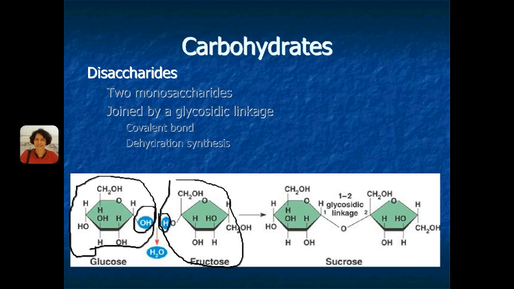Those two in blue are going to react together, and they're going to be extracted from each of those molecules and form a water molecule. This is one of the reasons it's called dehydration synthesis, because you're losing a water molecule when you make the bond. What comes instead is this linkage, a covalent bond between the two monosaccharides, and that is known as a glycosidic linkage in the case of carbohydrates.